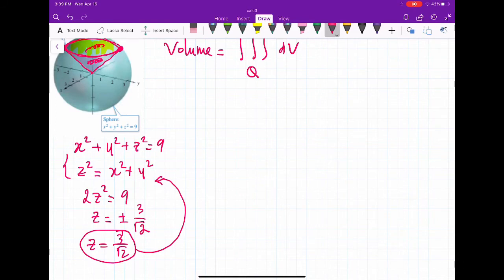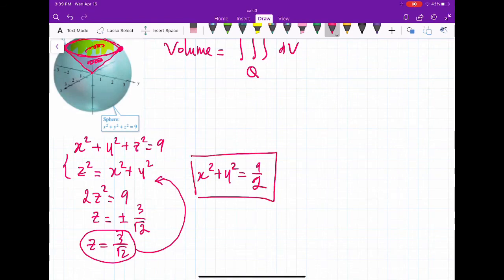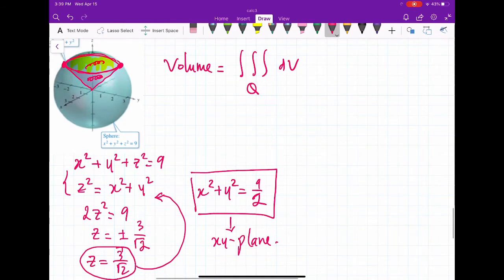I have the equation of the circle, x squared plus y squared equal to 9 over 2. This is the circle on the xy plane. Right? So if you just find the projection right here, you have that circle. Make sense? All right, that is good.